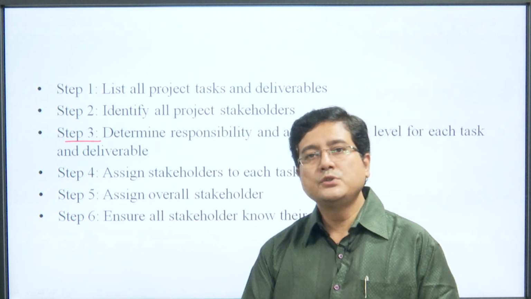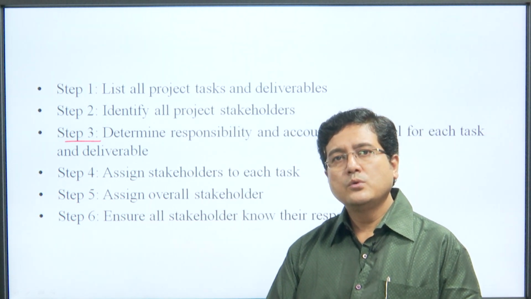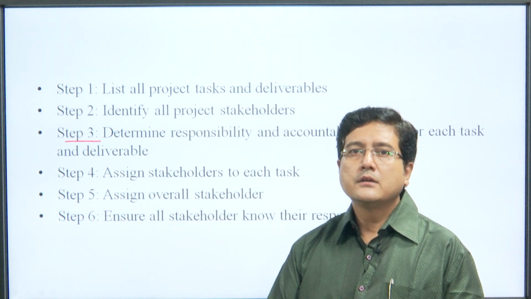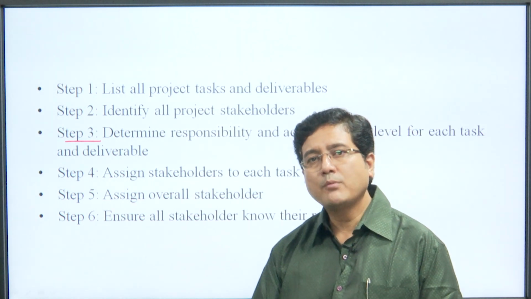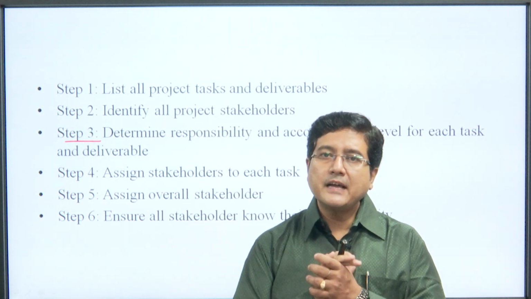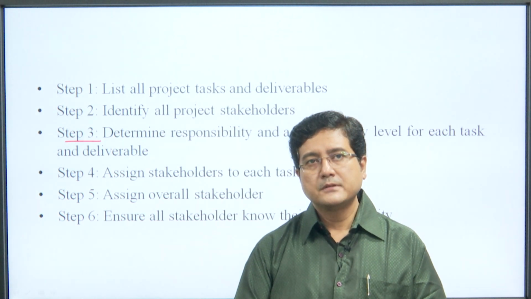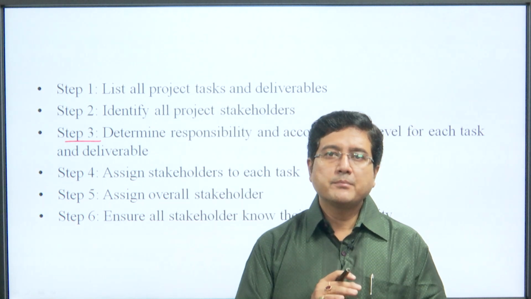Therefore, it is the duty of top management and the project manager to analyze the core competency of the person. It is the job of HR, human resources, to analyze core competency and give responsibility according to the requirement. So this is a very important part.